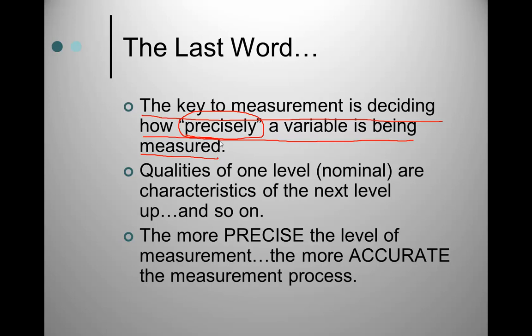the extent to which we can come up with a quantity or a measure for what we're trying to measure in our tests depends on how precise we want to be. Now, qualities of one level, like the nominal, become characteristics of the next level, and so on.